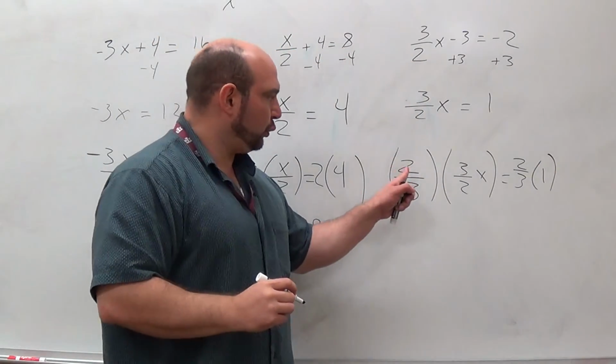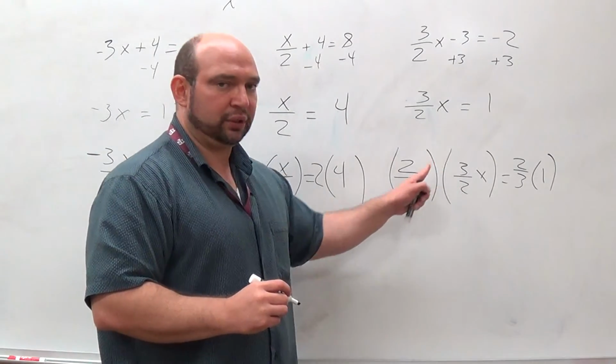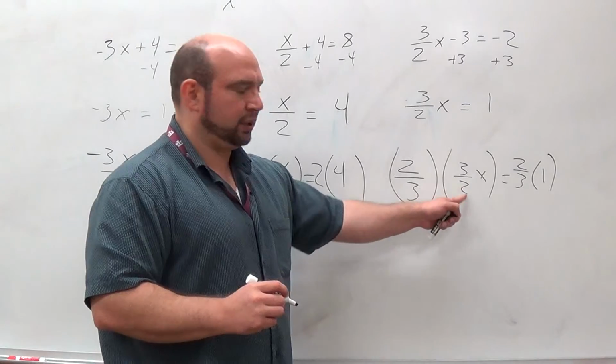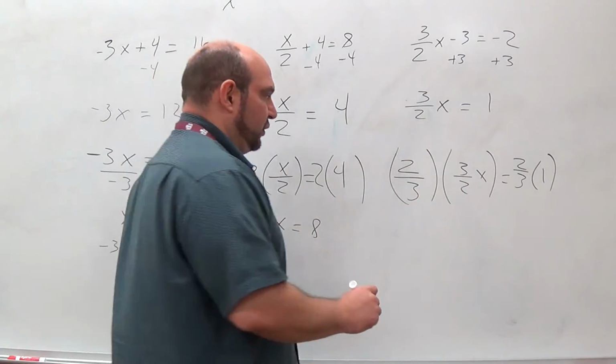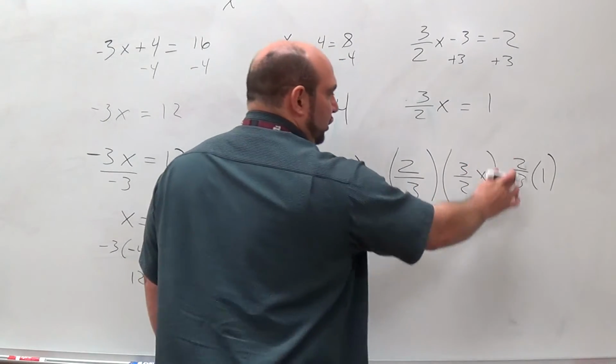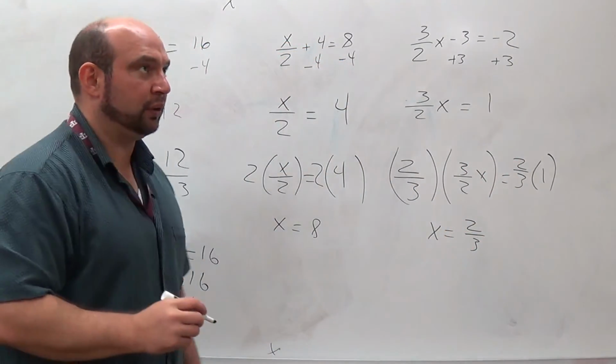All right, so this reduces this way, and we know this reduces this way, right? Essentially, 2 times 3, 6, 3 times 2, 6, so we've got our x. Those reduce to 1. So I know that x is equal to 2/3 times 1, which is our 2/3, okay?